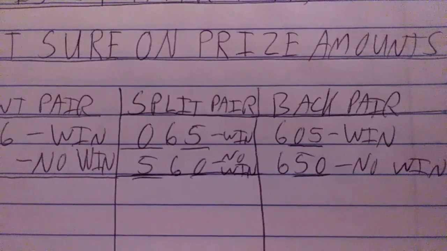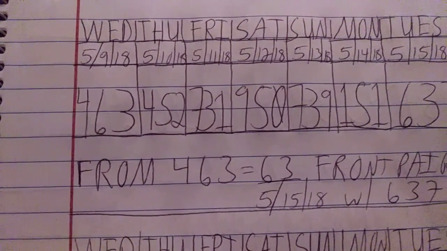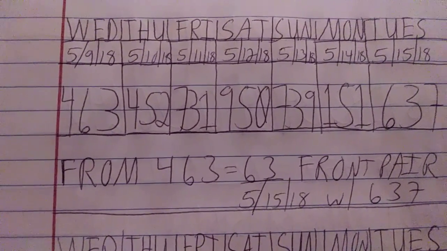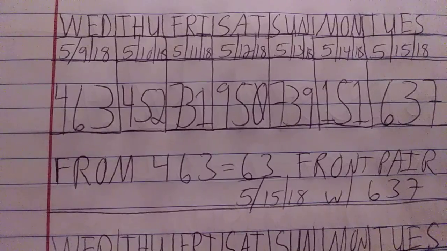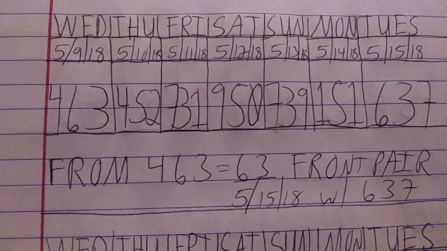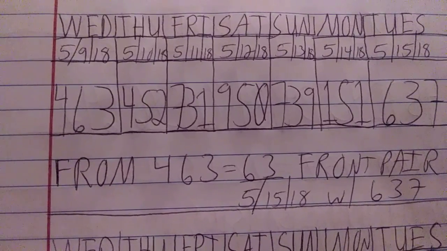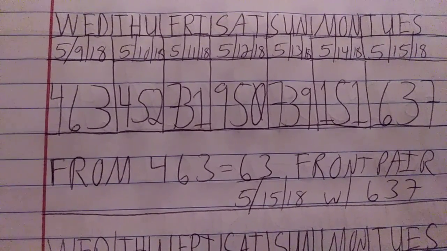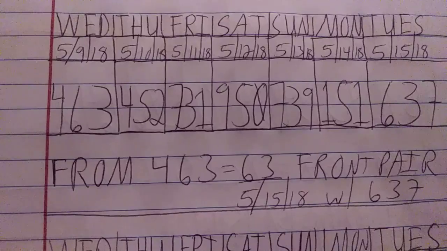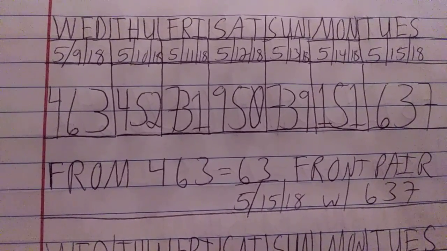What I do is go back about a month. If you can't see the numbers very well, just pull up whatever site you use to look at the numbers. In this week, on May 9th, you had 463 hit.